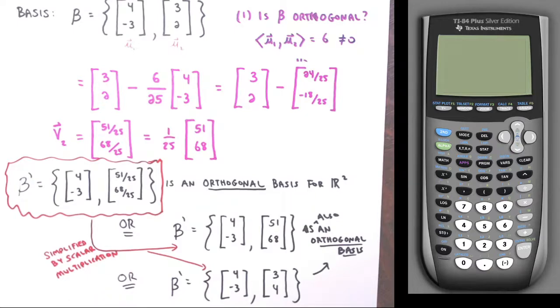Because like I said earlier, if a set of vectors is orthogonal, you could multiply any of those vectors by any scalar, and it would still be an orthogonal set, due to properties of the inner product.